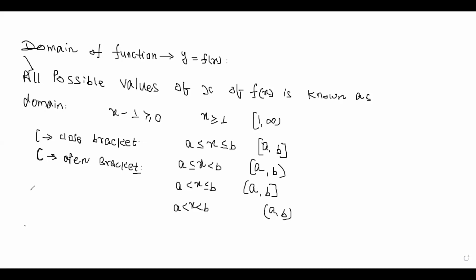Now there are many functions we have to study for the domain. For example, if you take square root of f(x), you know that the expression under the square root will always be greater than equal to 0. If you take an example, x plus 3, then you will write x plus 3 greater than equal to 0.